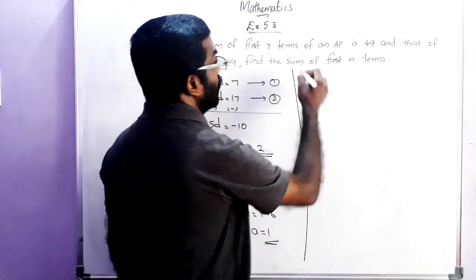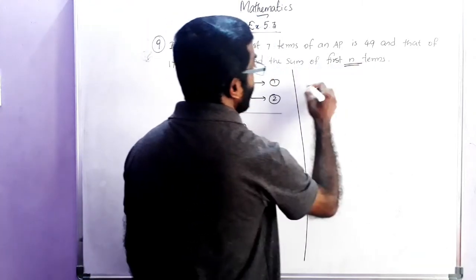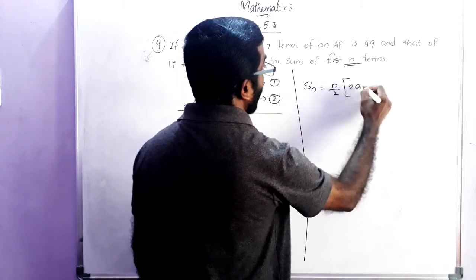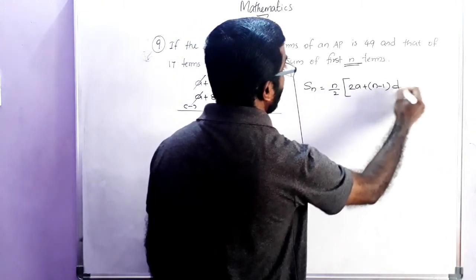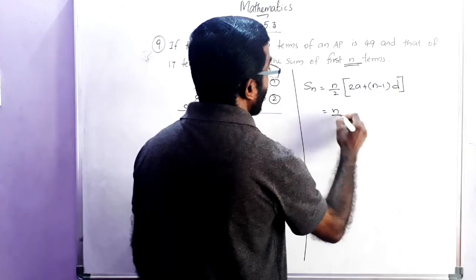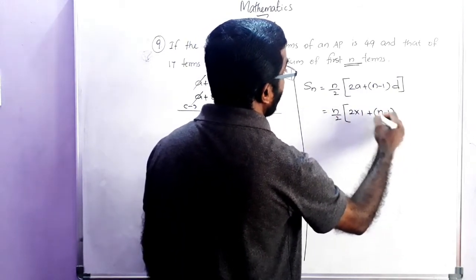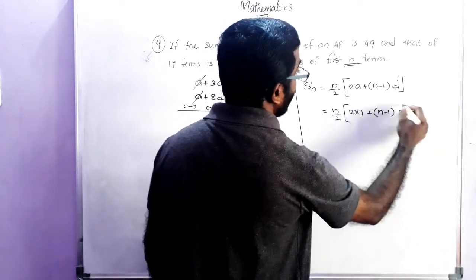And we can find the sum of first n terms, that is Sn is equal to n by 2 into 2a plus n minus 1 into d. N by 2 into 2a, 2 into 1, plus n minus 1 into d, d is 2.